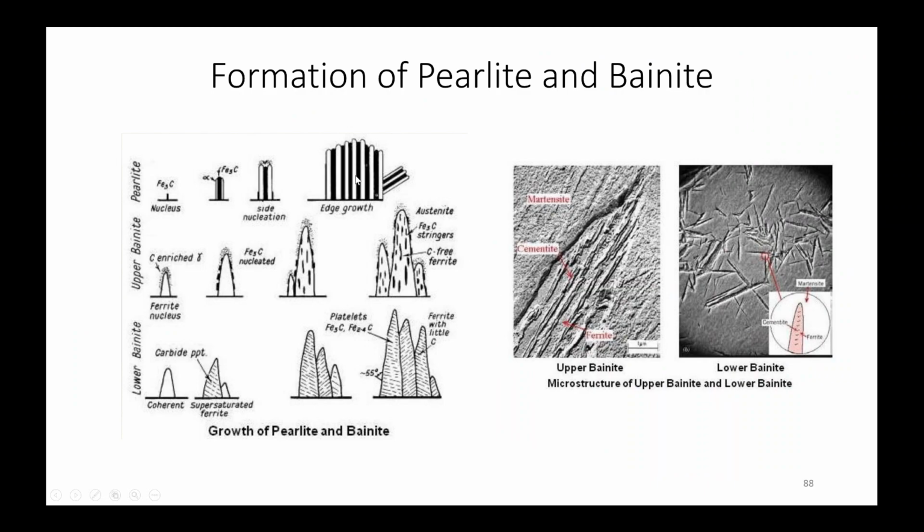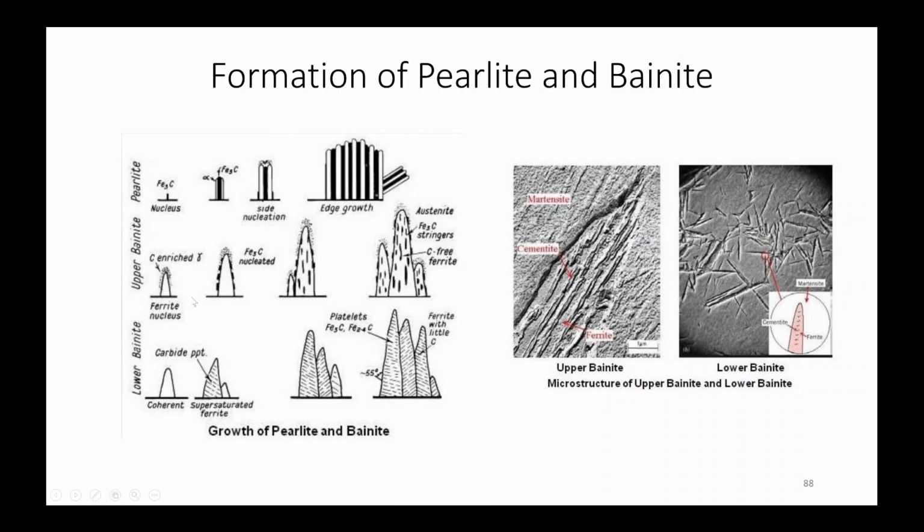This is the formation of pearlite and bainite. So in this case, pearlite will be forming by first formation of Fe3C, then formation of ferrite in the adjacent part, and in case of bainite there are two types, upper and lower bainite.